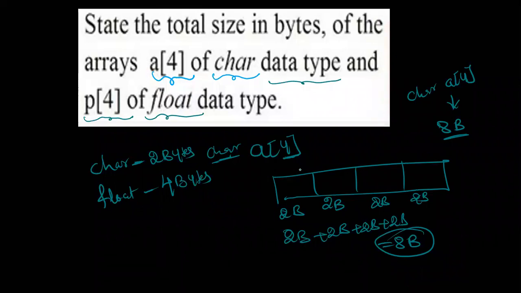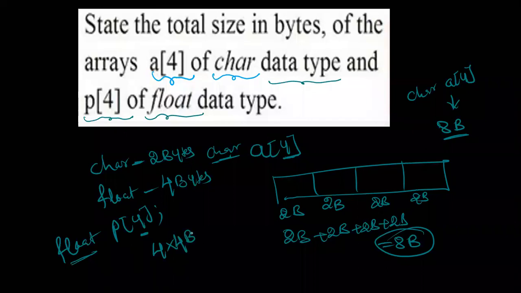And now I showed this for your understanding purpose. Actually, we can solve this very easily. How to do? For example, float P4. How many locations are we creating? 4 locations into the size of the float data type, 4 bytes.